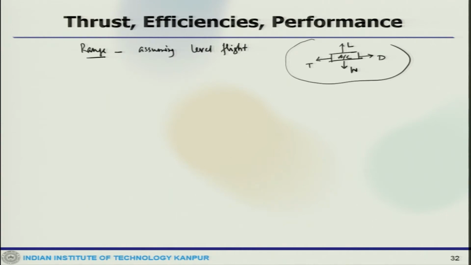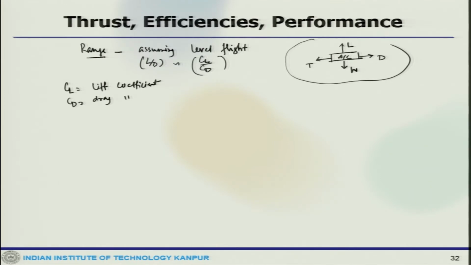Now, we have already looked at the L by D ratio, which can also be represented in the range formula, where we can replace L by D with CL by CD. CL is the lift coefficient and CD is the drag coefficient.